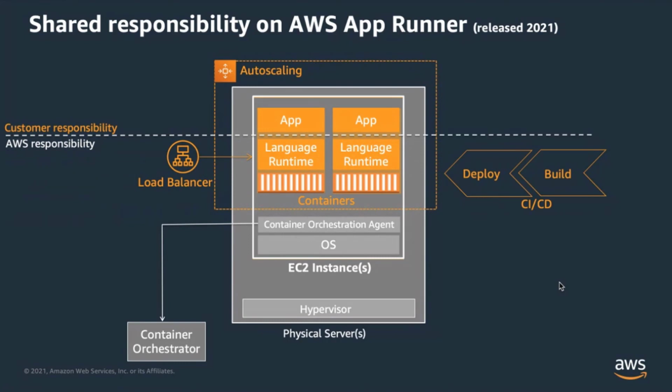So all of these resources that typically run in your account, be it your language runtimes, be it the load balancer, be it auto scaling, or be it the CI/CD pipelines, all of them is fully managed by AWS. And what you really provision on App Runner is just your applications.